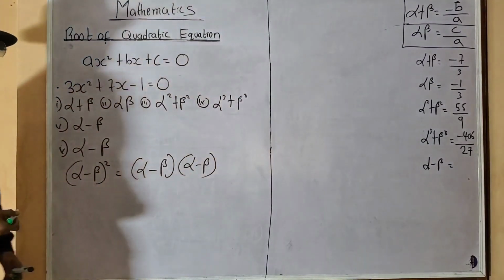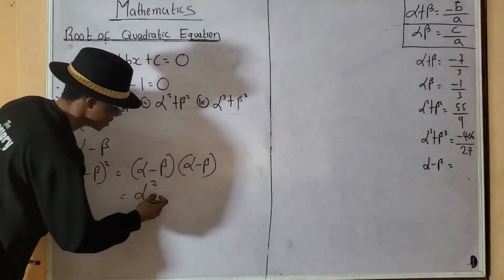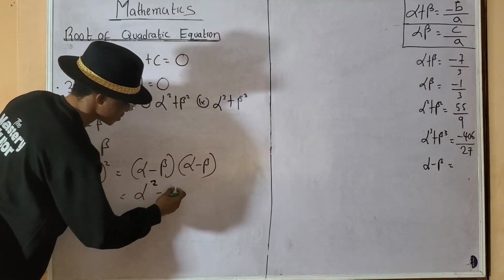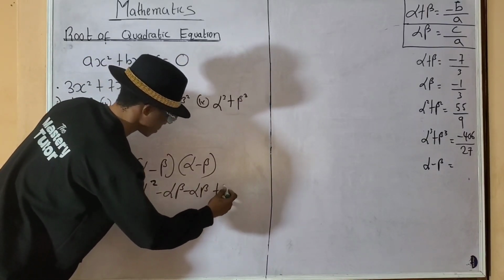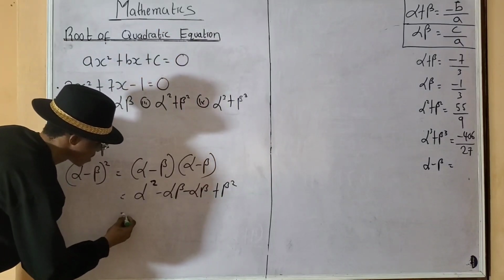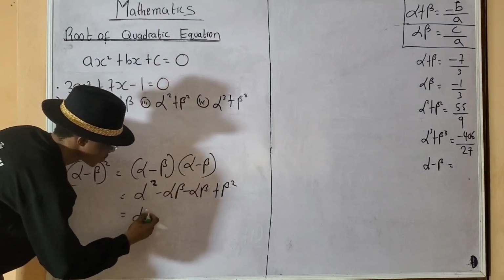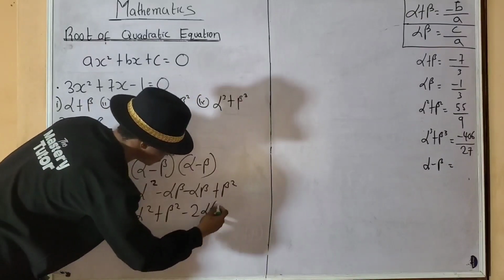Is that not it? Okay. Here I'm going to have alpha squared minus alpha beta minus alpha beta plus beta squared. Okay. Here I'm going to have alpha squared plus beta squared minus 2 alpha beta.